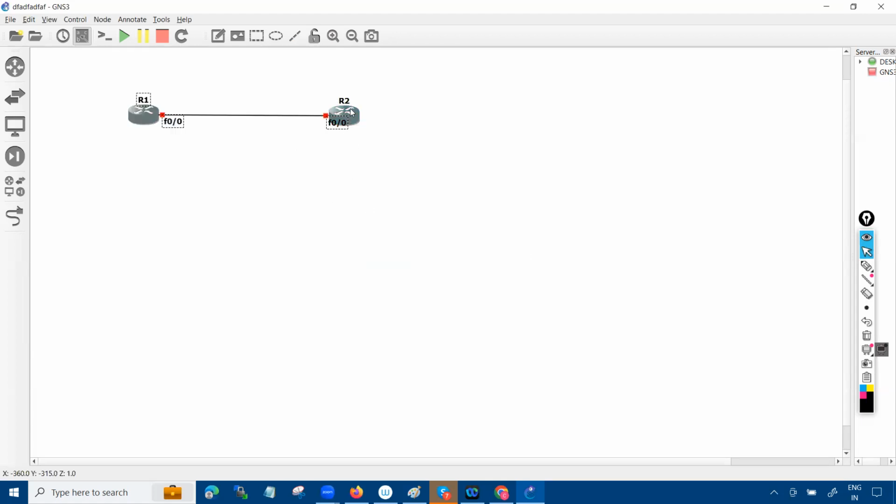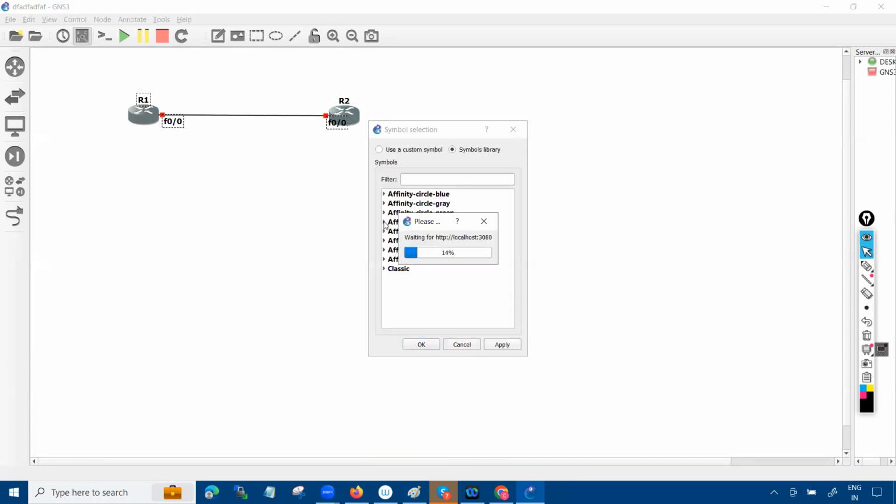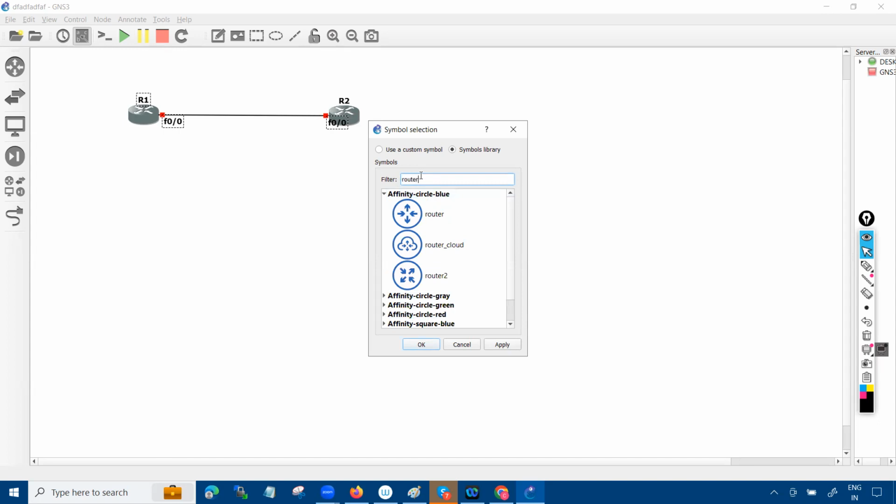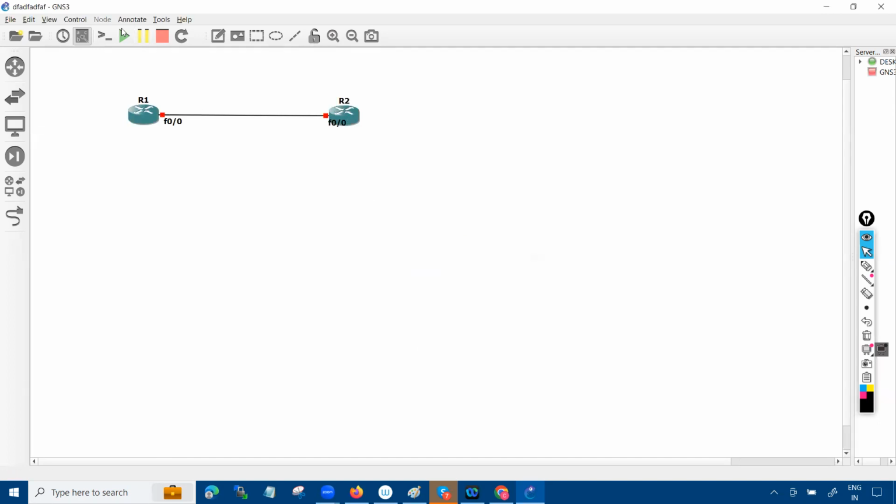So we have router 1 and router 2. Let me put the IP addresses over there. I'll configure this one as 12.1. This is the subnet we have, 10.1.12.0/24. This is 12.2 we have, right?